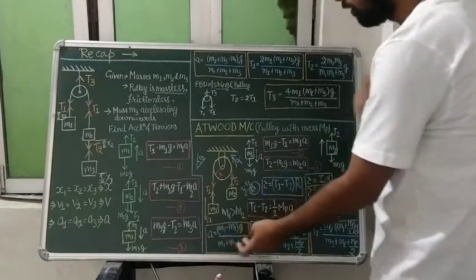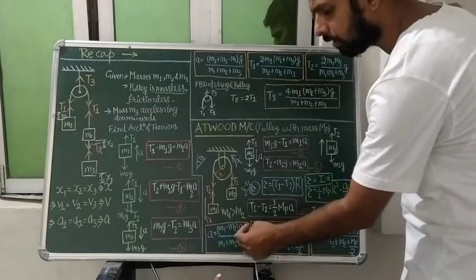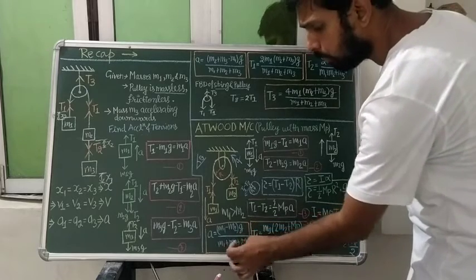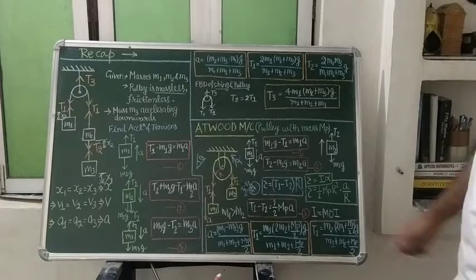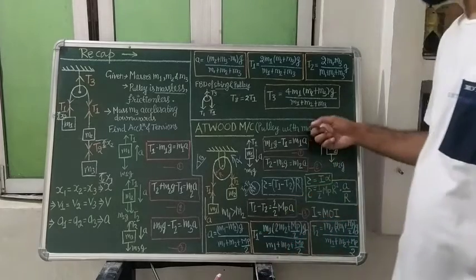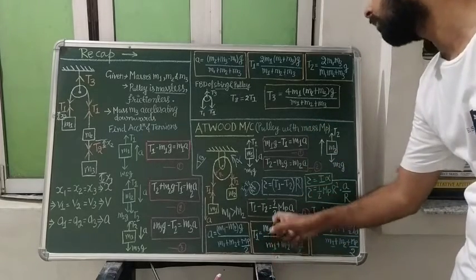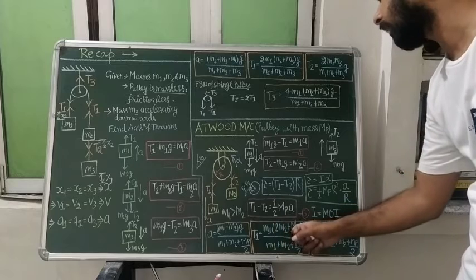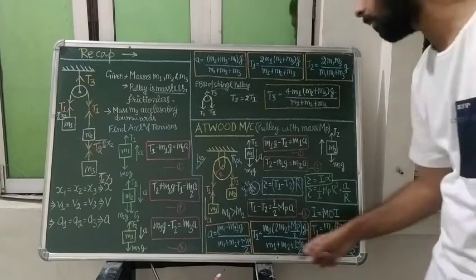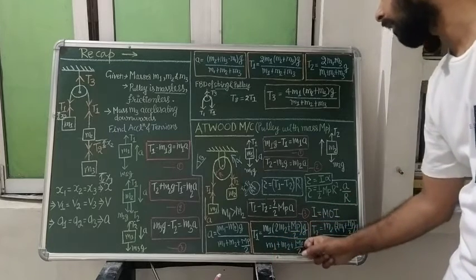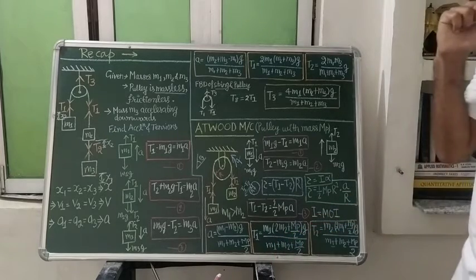Acceleration will come out as (m1 minus m2) times g divided by (m1 plus m2 plus mass of the pulley divided by 2). And when we put this a in this equation, T1 we will get as m1 times (2 m2 plus mp, mass of pulley, divided by 2) times g, divided by (m1 plus m2 plus mass of the pulley divided by 2).